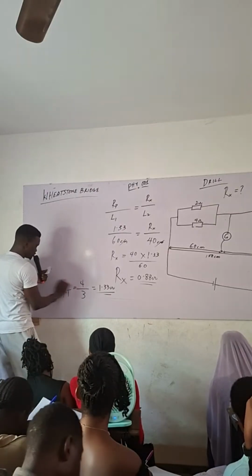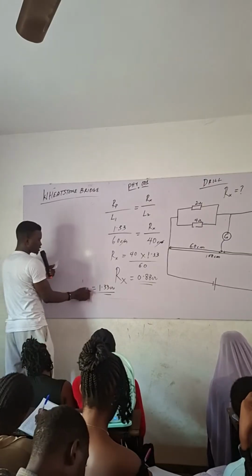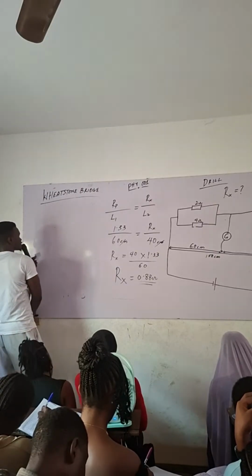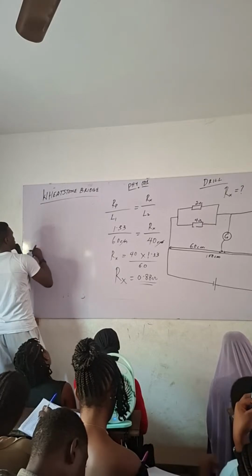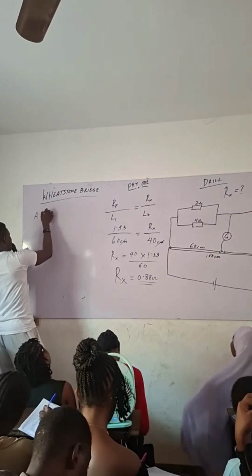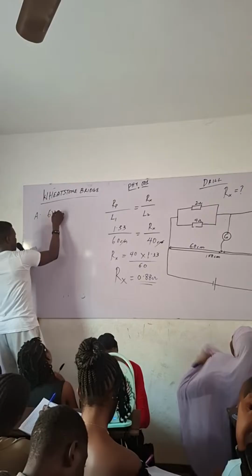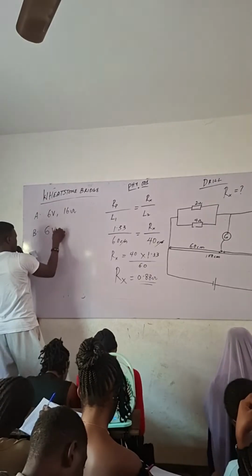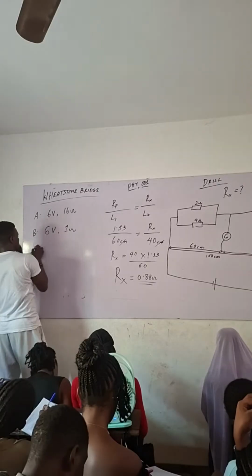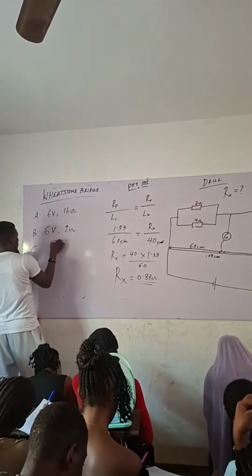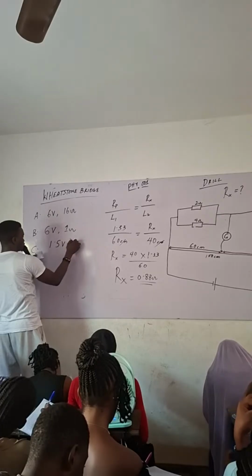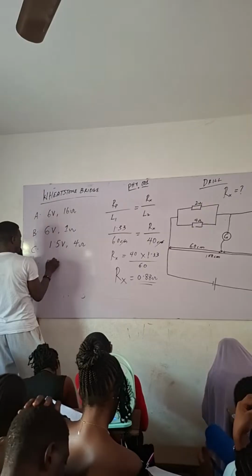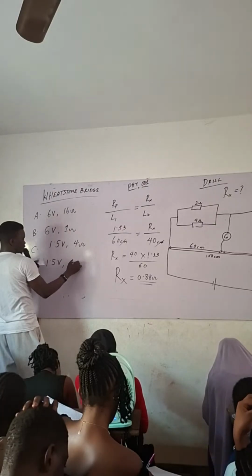Option B, 6 volts, 1 ohm. Option C says 1.5 volts and 4 ohms. Option D says 1.45 volts and 1 ohm.